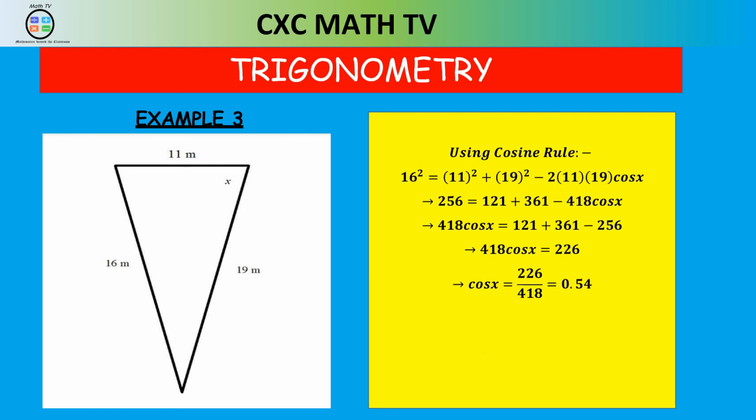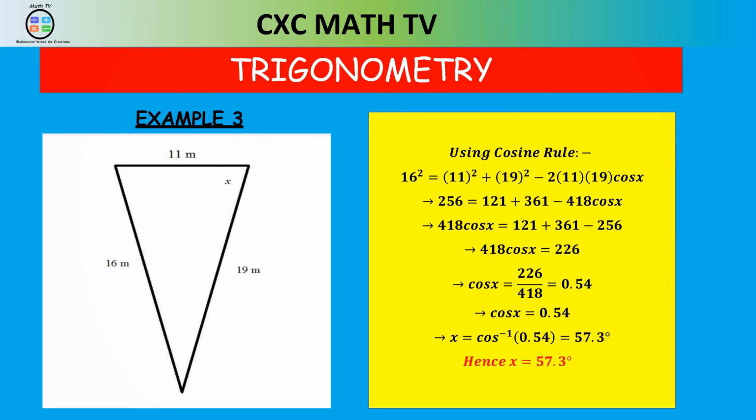And that simplifies to be 226. So 418 cos x is 226. And so cos x is 226 divided by 418, which is 0.54. So the cos of x is 0.54. And so x is cos inverse 0.54. That works out to be 57.3 degrees. And that is how we find angle x.